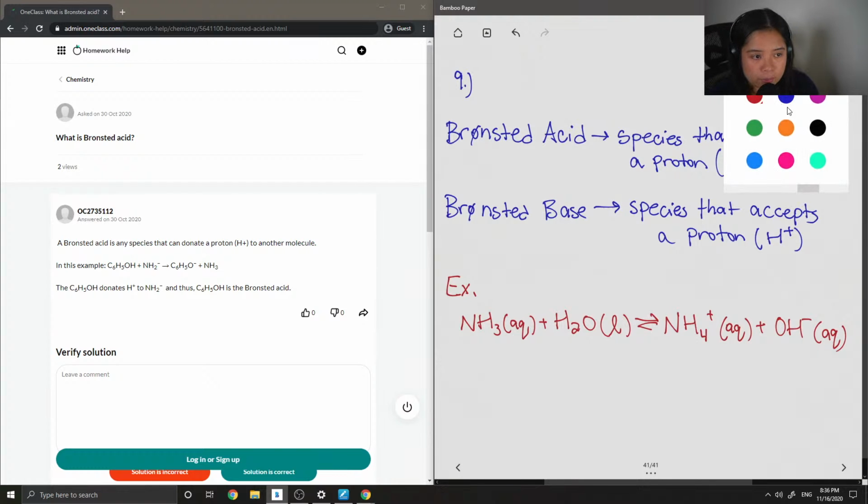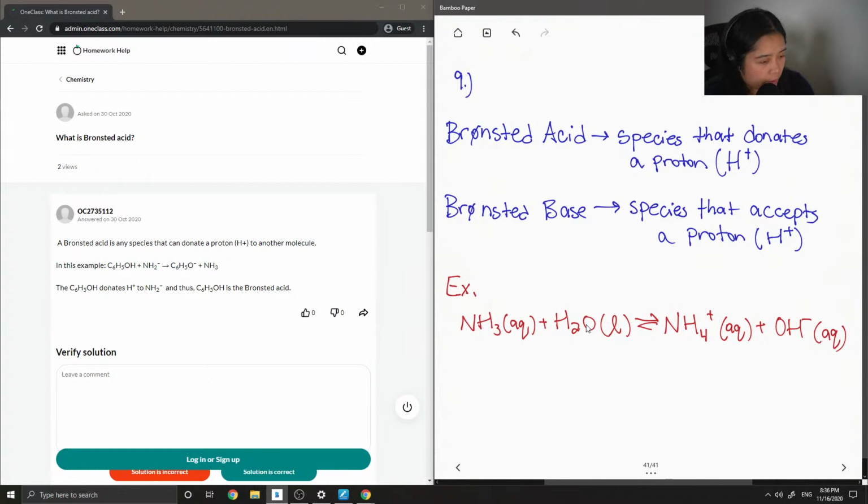If we were to label which ones would be the acids and the bases, you'll notice that the H2O, so the water, is the one that donates one of its protons to the NH3. So this makes the water our Bronsted acid, since it donated the proton. The NH3 would be the Bronsted base.